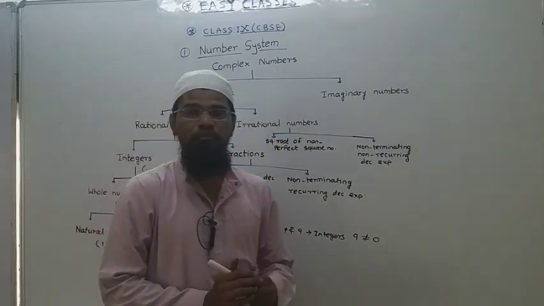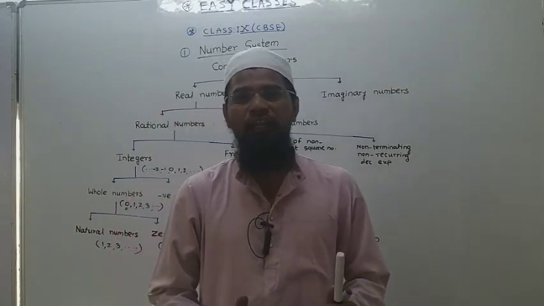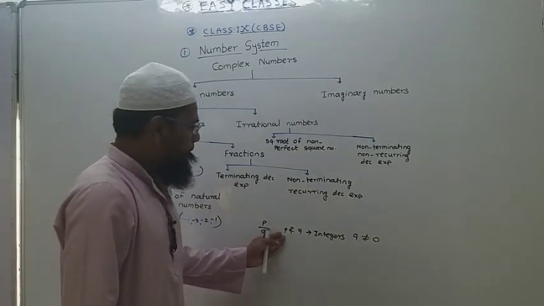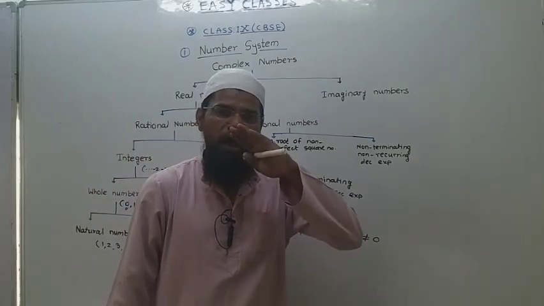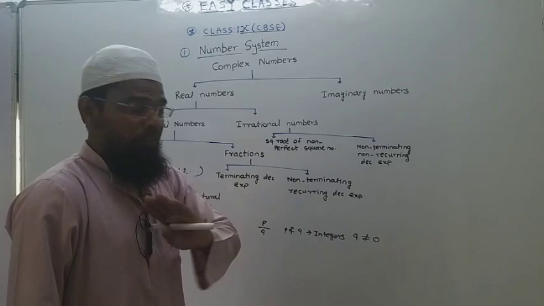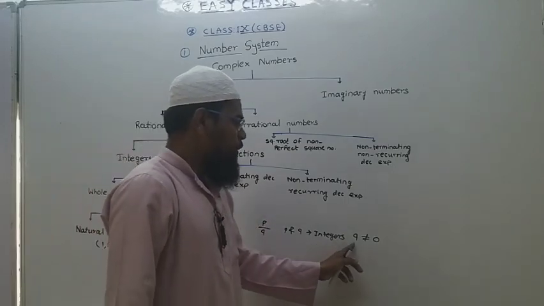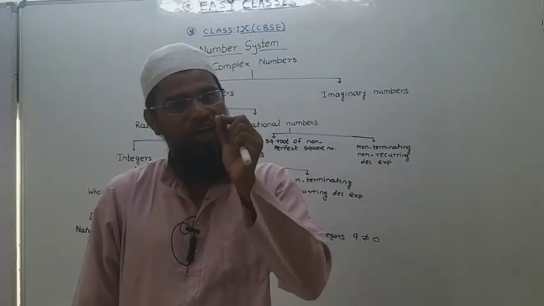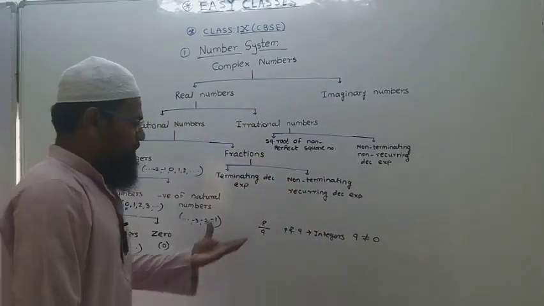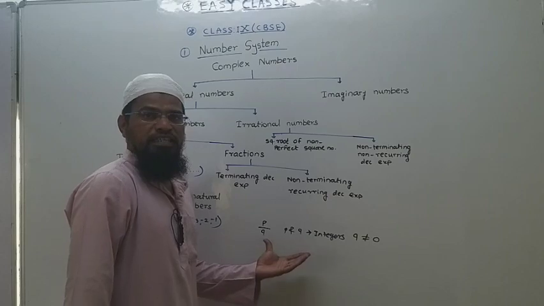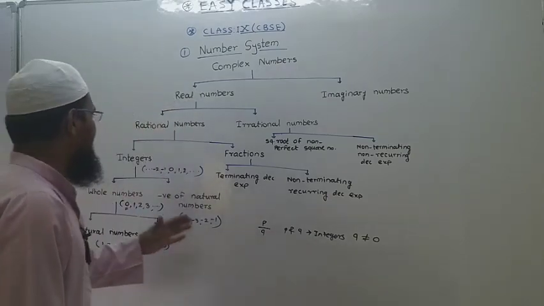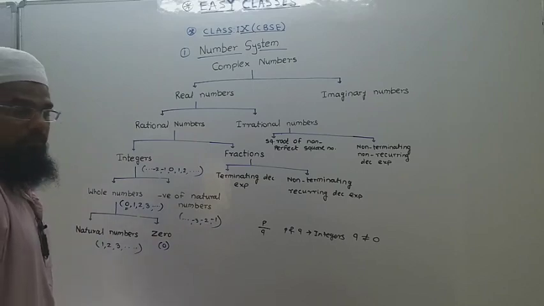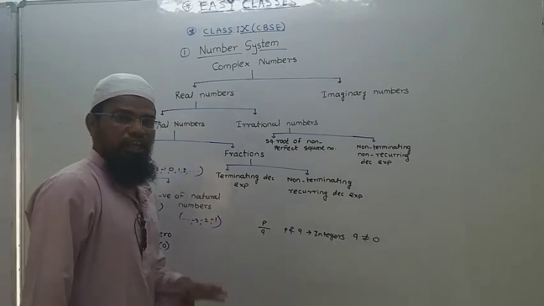So what is the rational number? The numbers which can be represented in the form of P upon Q, where P and Q both are integers, but Q is not equal to 0. This is the condition of the rational number, and when numbers satisfy this condition, they are all rational numbers.